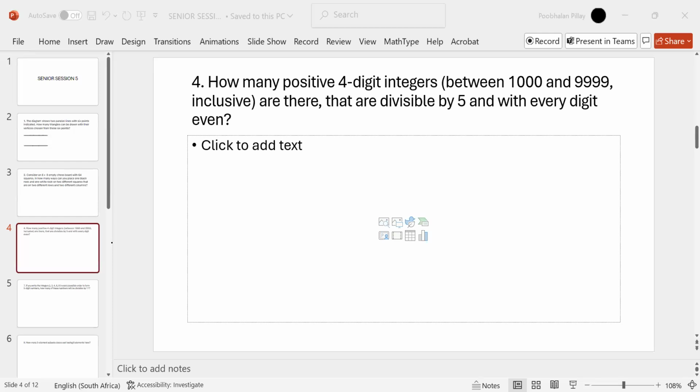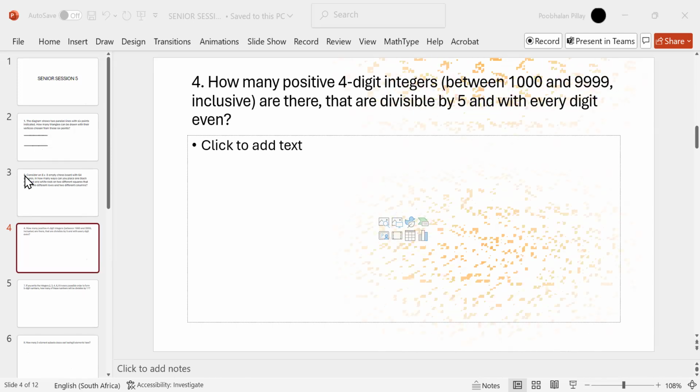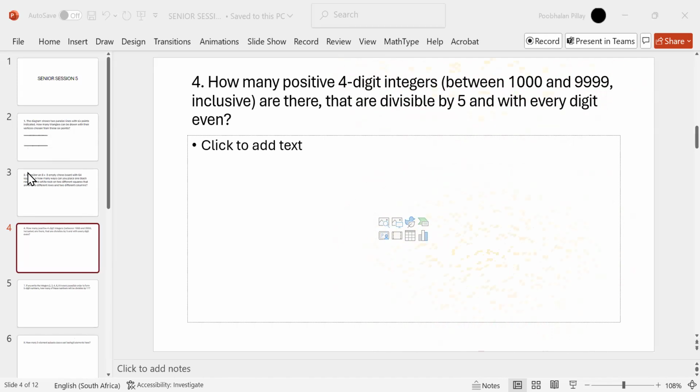Now this question: how many positive 4-digit integers between 1,000 and 9,999 inclusive are there that are divisible by 5 with every digit even? Okay. Some of you might have seen this question because I asked this question in different platforms.